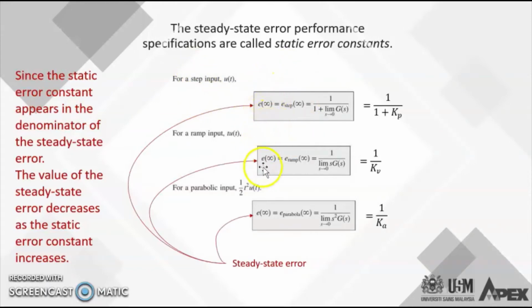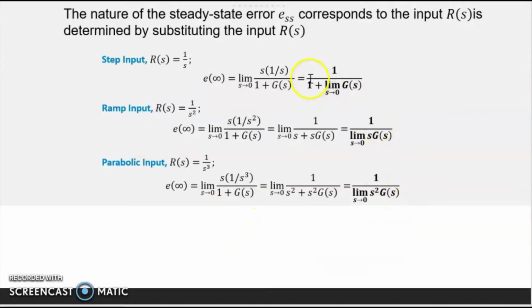The performance specifications are called static error constants. Basically, there's a constant that will determine your steady state error. This equation we derived from the last one, if you could remember. What I have highlighted here is what you will remember once you understand it.